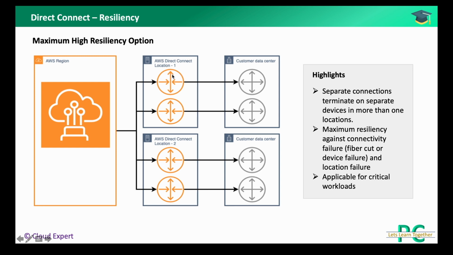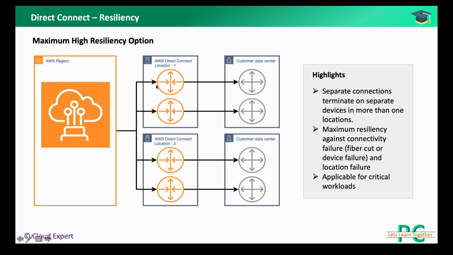So you are not only replicating the Direct Connect connection in one Direct Connect location, you are replicating the entire location also, right? It will give you maximum resiliency against connectivity failure, fiber cut or device failure, as well as location failure. That is applicable for critical workloads where you demand a huge bandwidth around the clock.